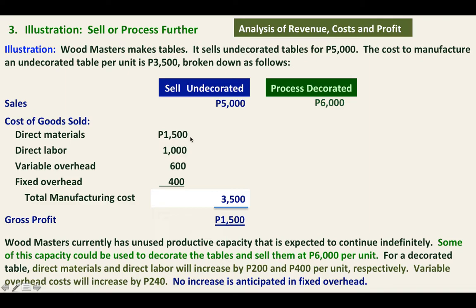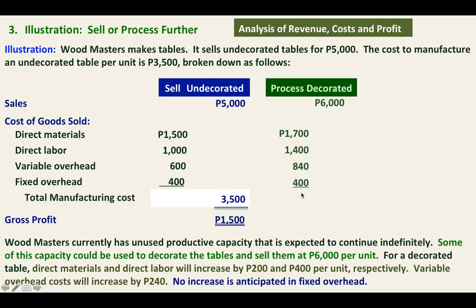So direct materials will increase by 200, so it will become 1,700. And direct labor will increase by 400, so it will become 1,400. Variable overhead costs will increase by 240, so this 600 will become 840. And no increase is anticipated in fixed overhead.